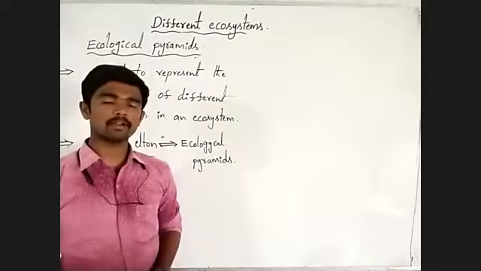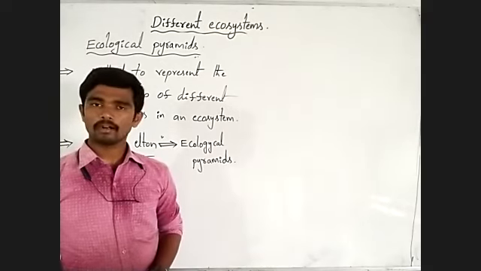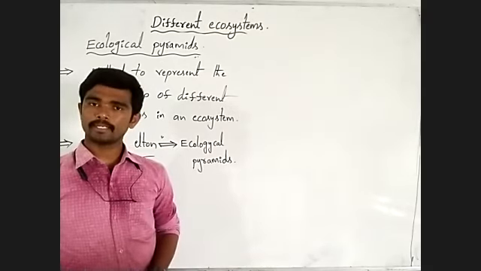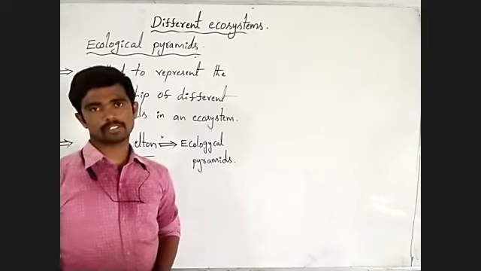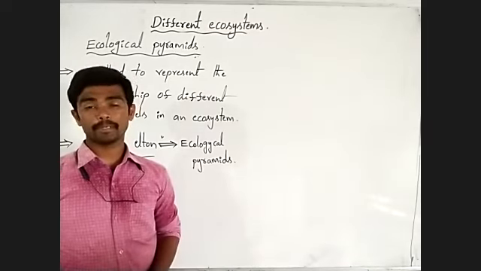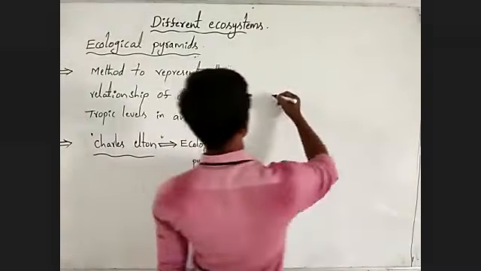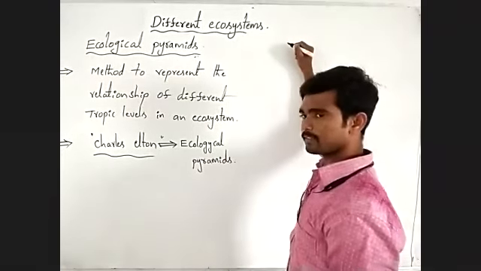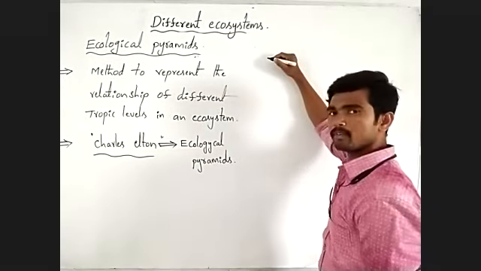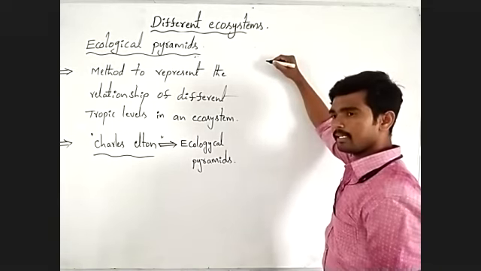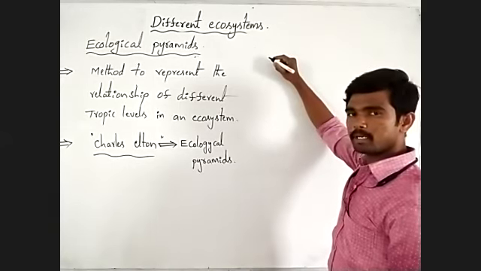It is a graphical representation of the relationship of different trophic levels in an ecosystem by taking the shape of a pyramid.